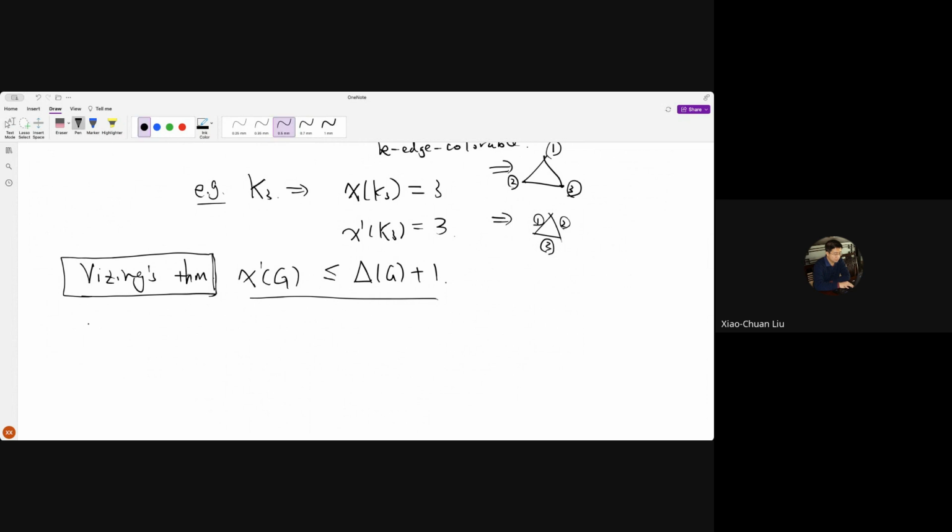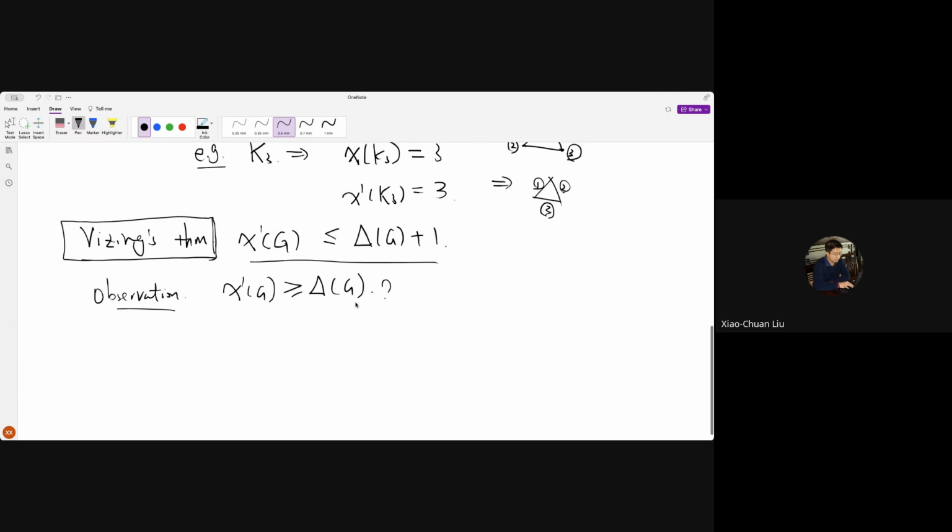Let me make an observation. I claim that the chromatic index of G is always greater than or equal to the maximum degree. Why is that? Suppose v is a maximum degree vertex, so the degree of v is Δ, where Δ equals Δ(G).